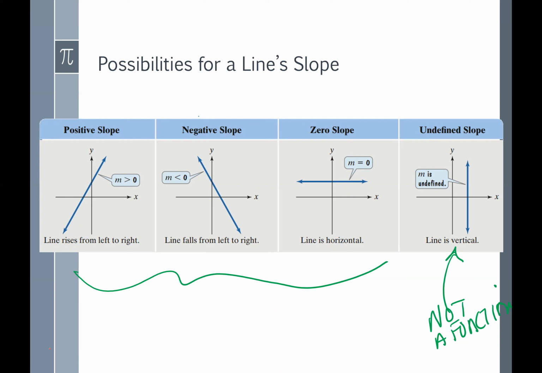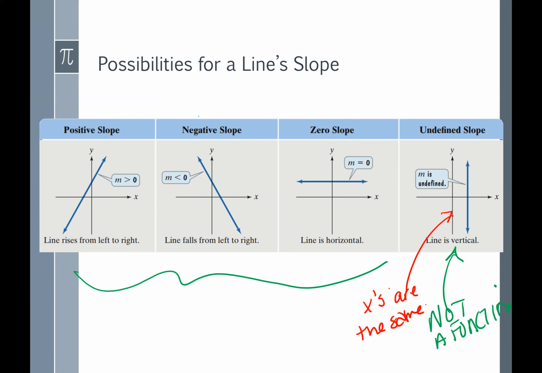And then a vertical line, not a function, has a slope that is undefined. Since it's not a function, its slope is undefined. It's undefined because everywhere on that line, the x's are the same. So if you look at your slope formula, you're going to have 0 in the denominator, and you can't do that.